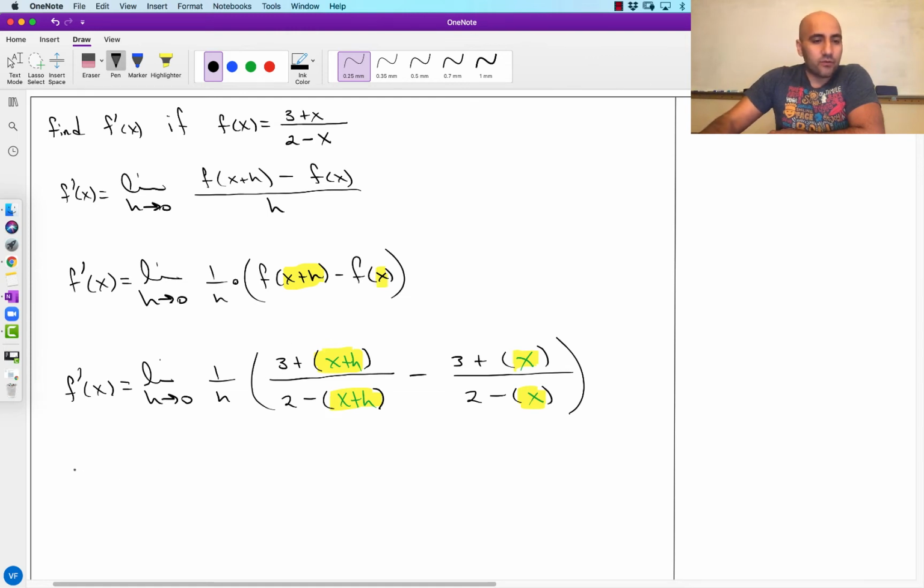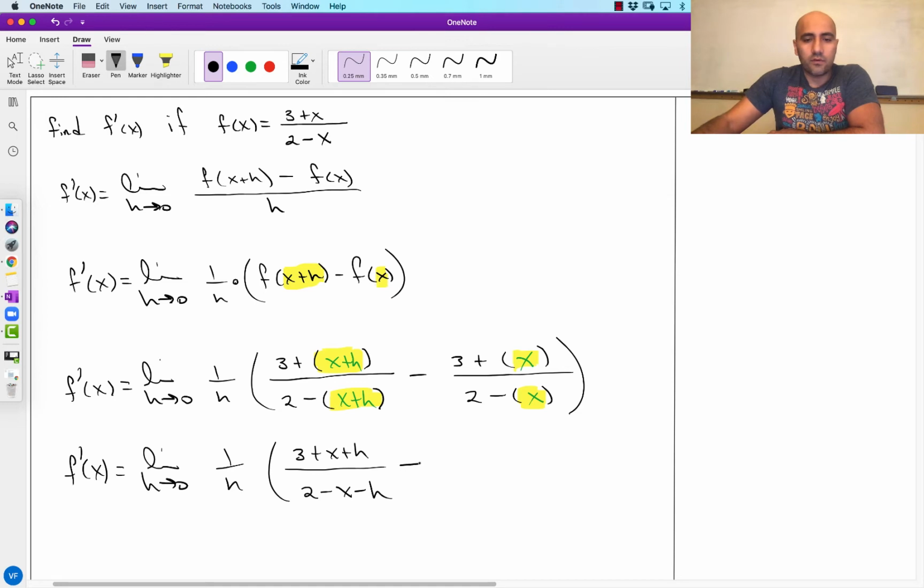So we get the limit as h goes to 0 of 1 over h, times 3 plus x plus h divided by 2 minus x minus h, minus 3 plus x over 2 minus x.